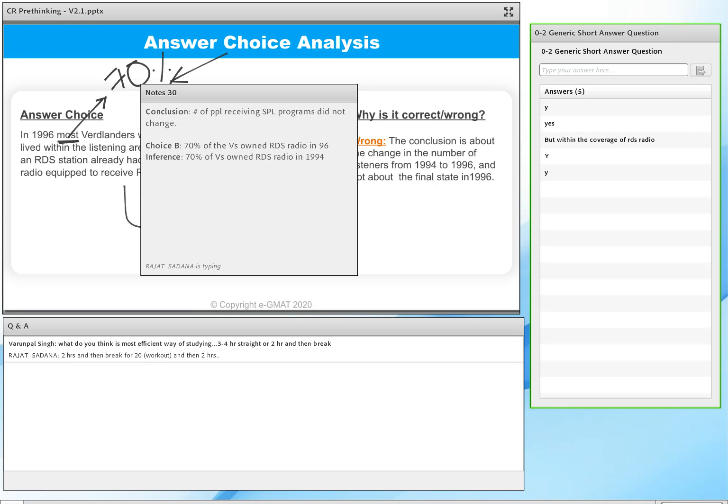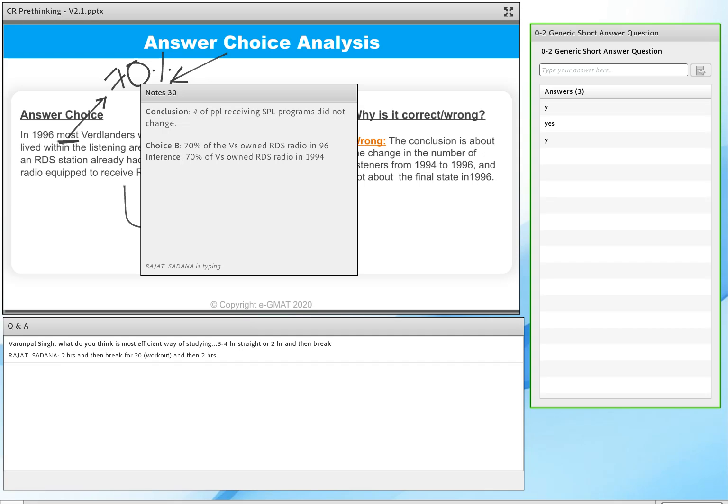Choice B is just talking about coverage in 96. But the inference is that 70% also owned that in 94. Is that the correct inference? Why? Because the number of radios did not go up. If 70% was in 96, then 70% in 94 as well, more or less. Okay. Yes, no, a few more yeses.